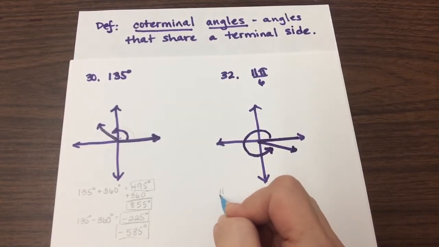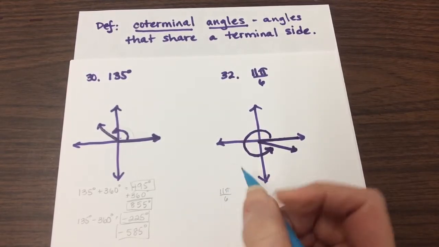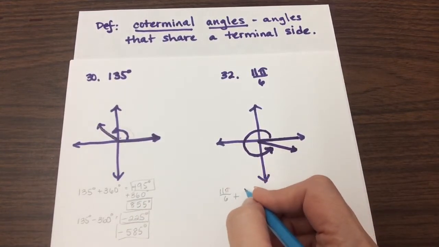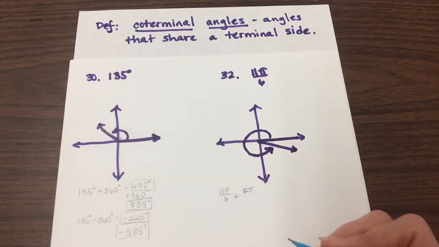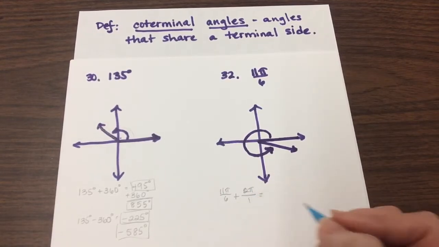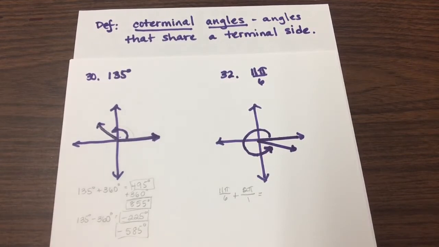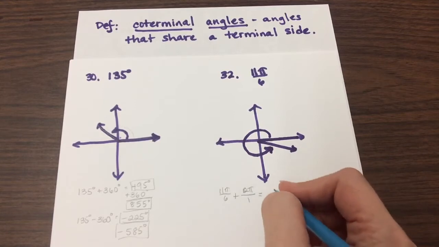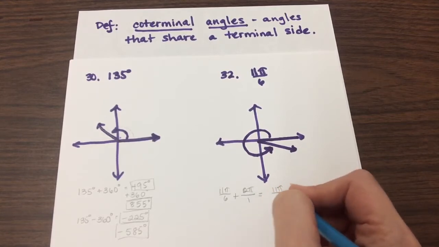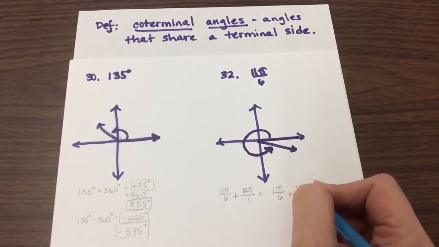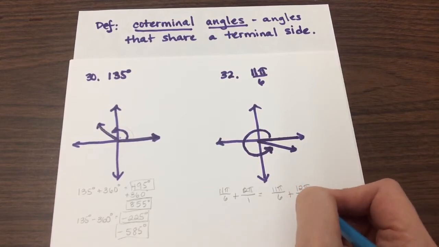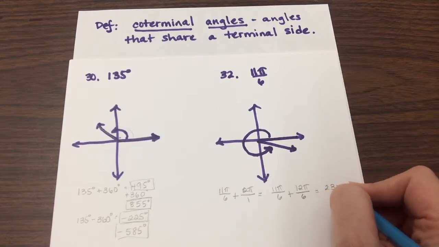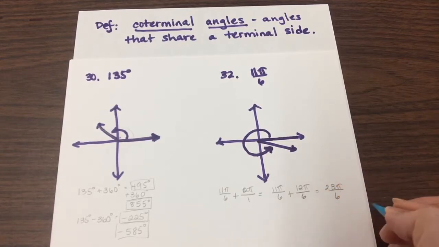So for 11 pi over 6, instead of adding 360, I'm in radians, so I'm going to add 2 pi. Well, we know that when you add fractions, you have to have a common denominator. My common denominator here is 6, so I'm going to multiply the top and the bottom by 6. So I've got 11 pi over 6 plus 12 pi over 6, which is 23 pi over 6.